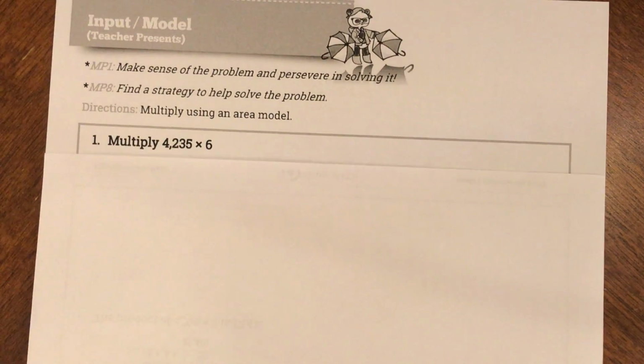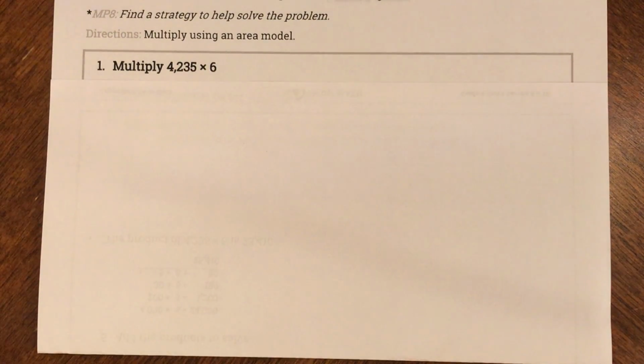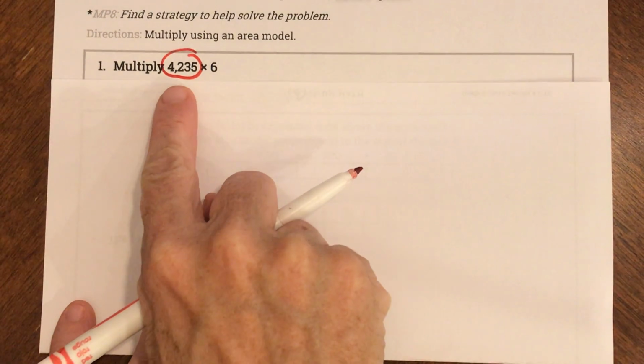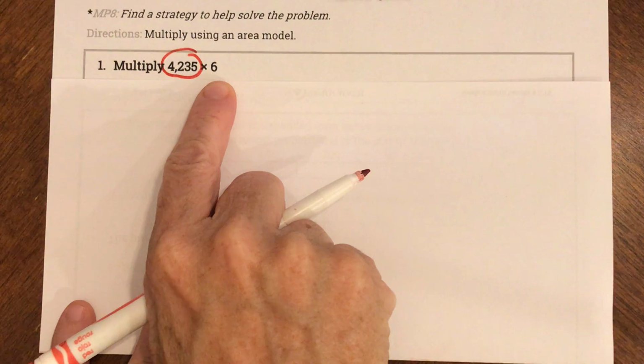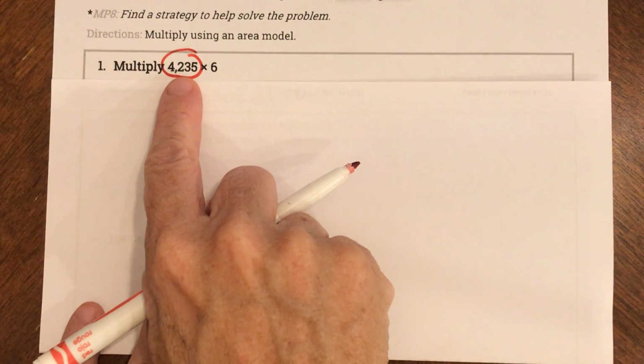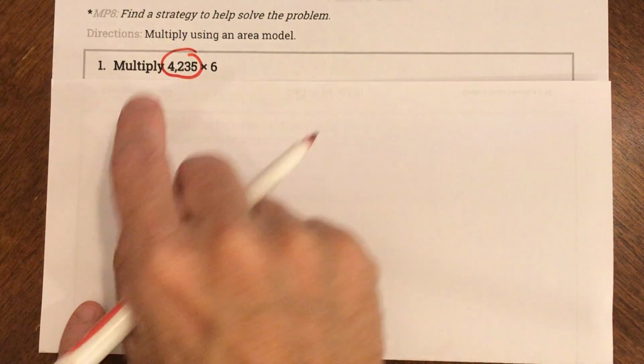Okay, so I'm going to get started. Here's my first problem. It says, multiply 4,235 by 6. Here it says I'm going to circle my greater factor. This is definitely larger than 6. My second step says I'm going to write this greater factor in expanded form above the area model.